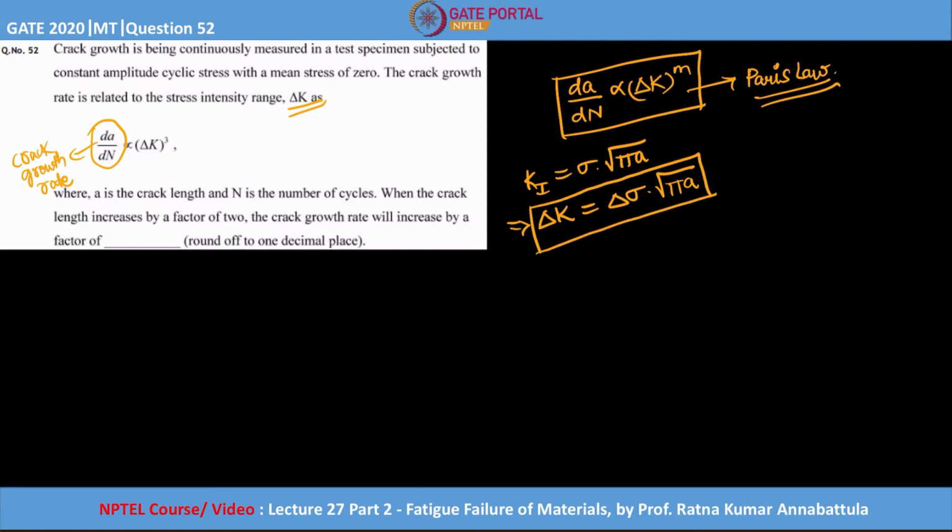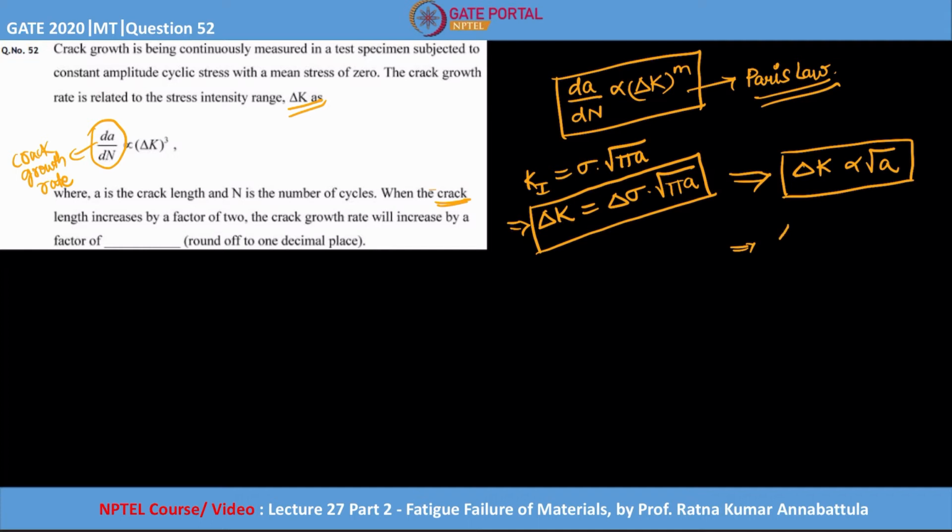Now if you carefully see what they are telling, when the crack length increases, what is crack length here in the equation? A. So we are trying to relate delta K and A. Delta K is proportional to root A. Now let us take two scenarios, case 1 and case 2.